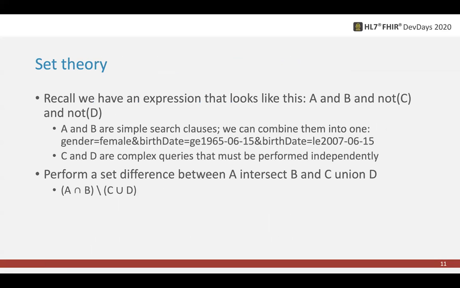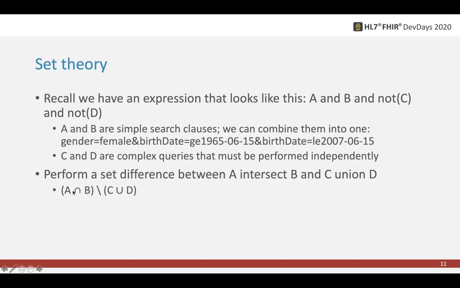So if we were to run all of these queries, we would end up with some set theory here to achieve the final output of the cohort. A and B are simple search queries. We can combine them to gender equals female and birth date is in this range, whereas C and D are complex queries, so they need to be performed independently. And then what we end up having to do is some set operations.